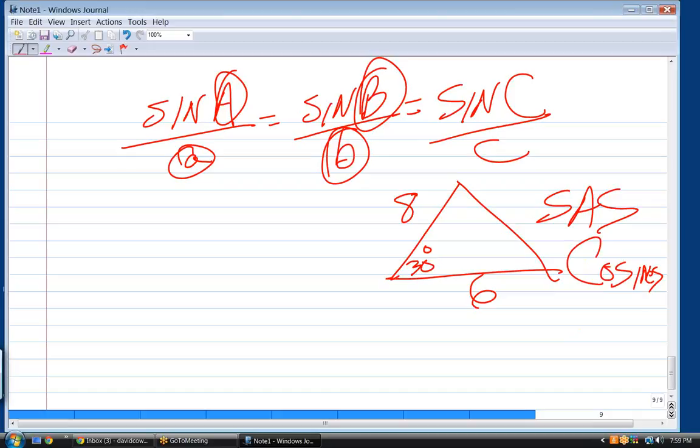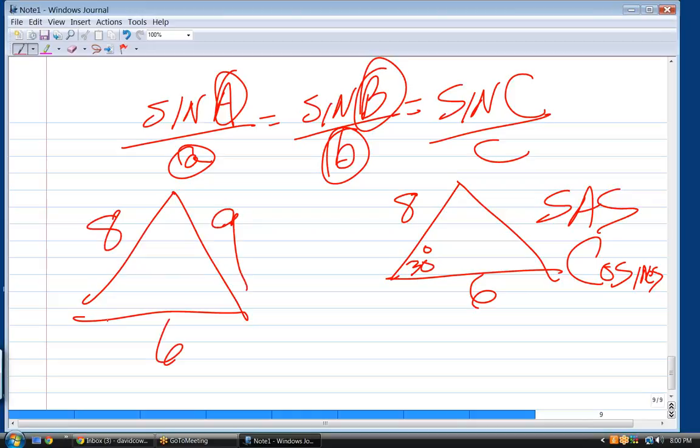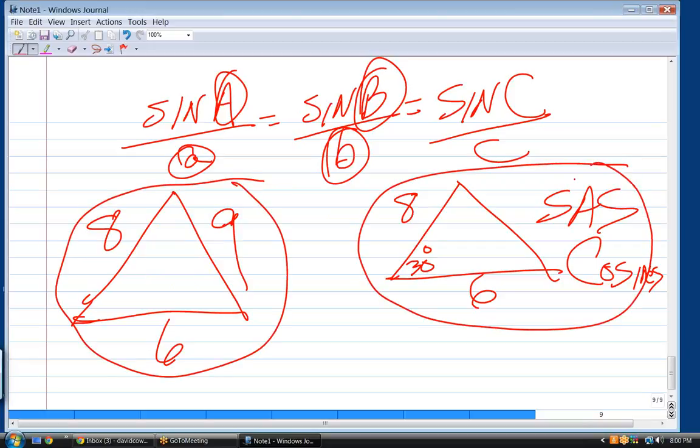Okay. The only other situation you use the law of cosines is if you have three sides. In other words, if I have all three sides, I don't have that angle opposite side relationship. These are the only two situations where you start off using the law of cosines.